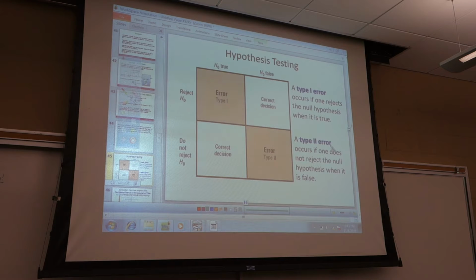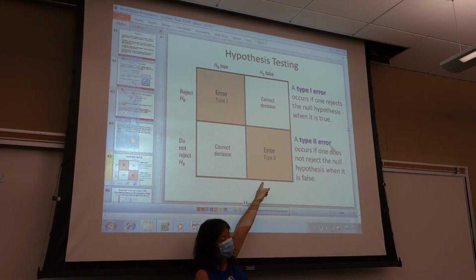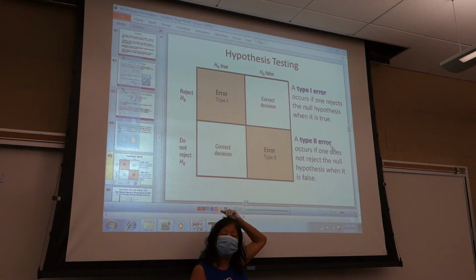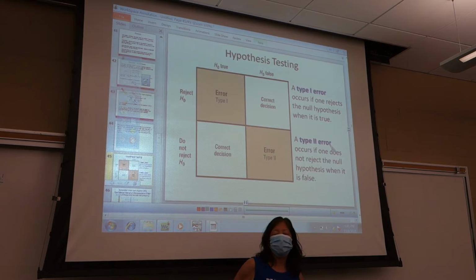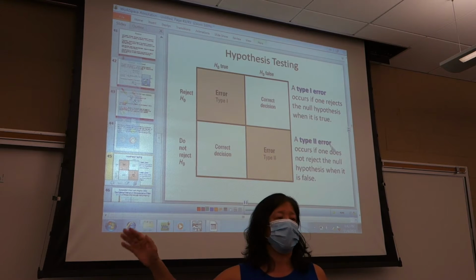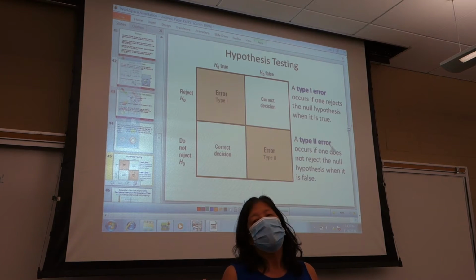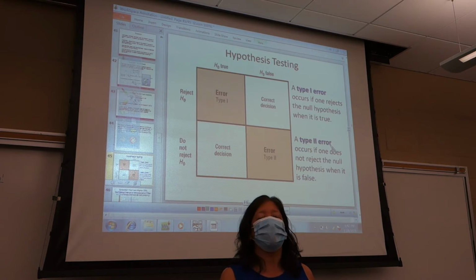Type 2 error happens if you do not reject the null hypothesis when it's false. So this is sort of like, say the deck I showed you guys really had like 60% black cards, 40% red cards.